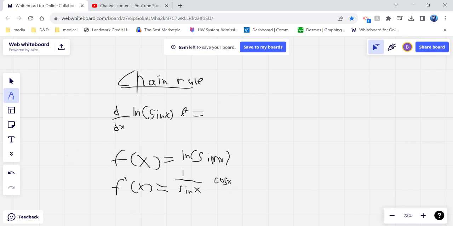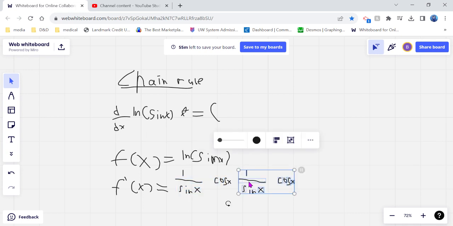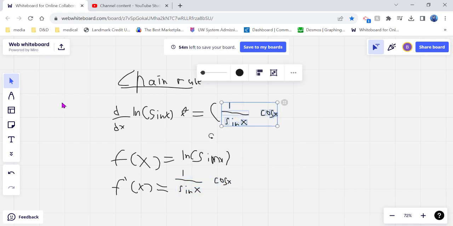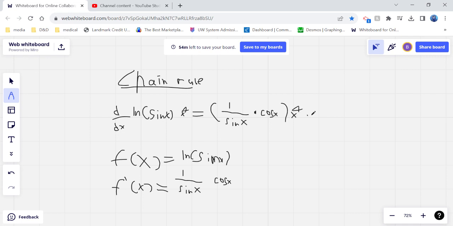Now following product rule, f prime of x, which was this, times x to the fourth, plus g prime of x times f of x, which is ln of sine of x.